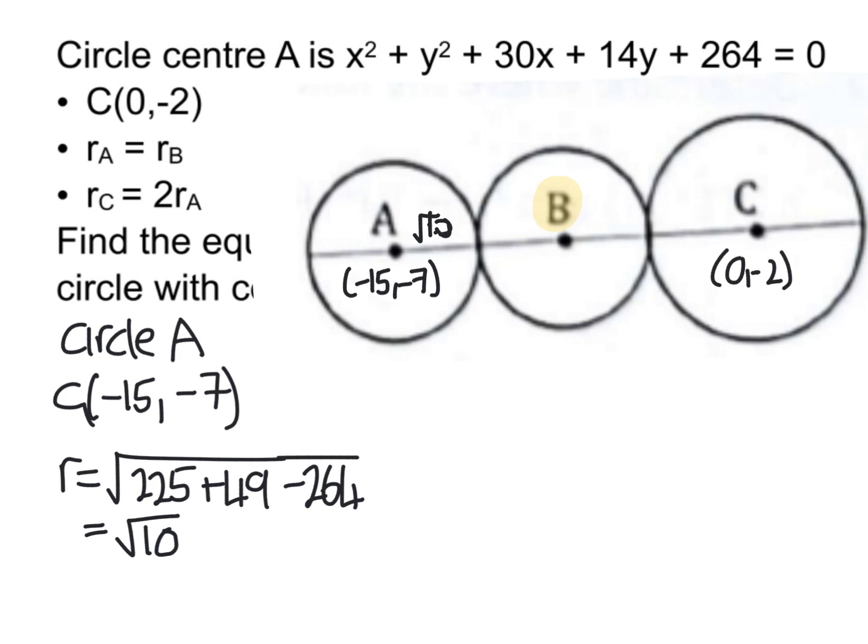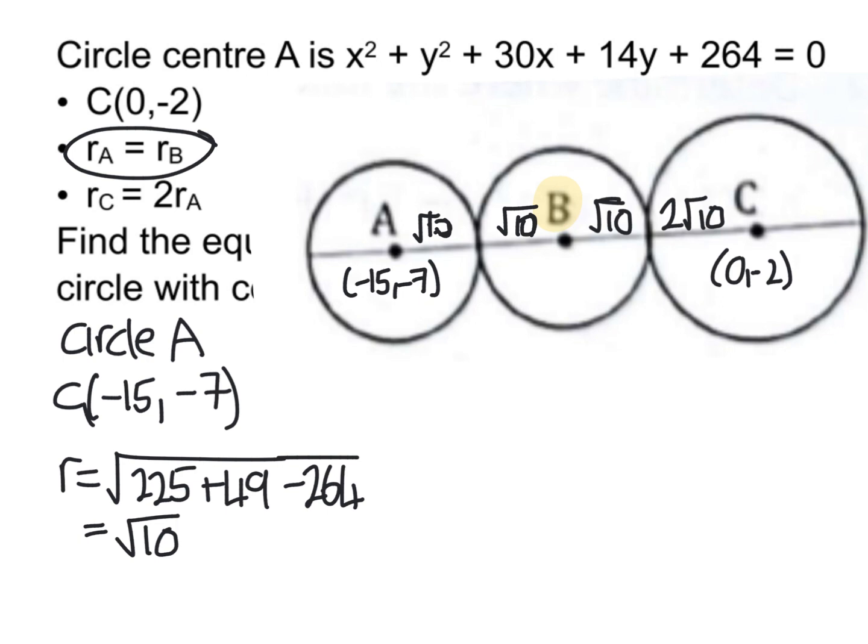Okay, let's go look at the radius now. It says here that radius A and radius B are the same, so this is also root 10. That's not bad. And this is also root 10. And it says C is double that of radius A, so this would be 2 root 10.